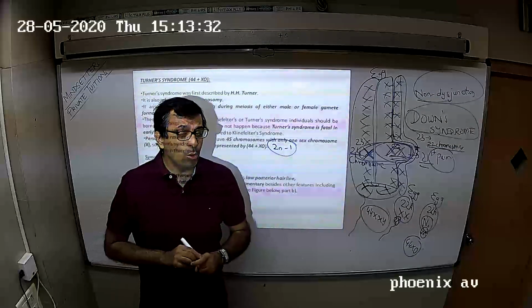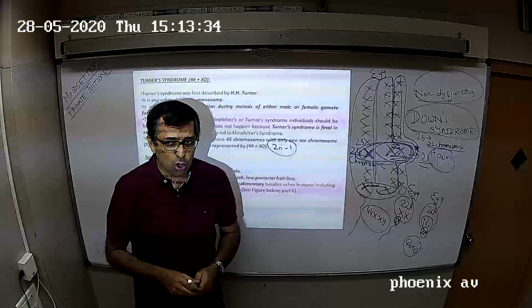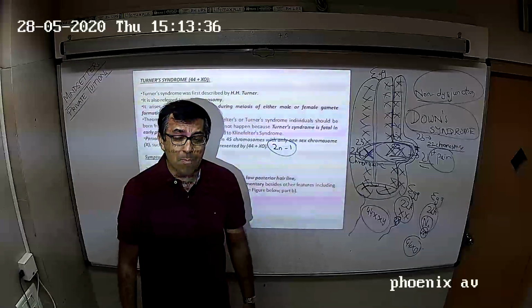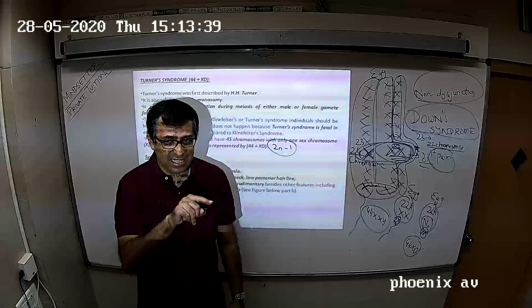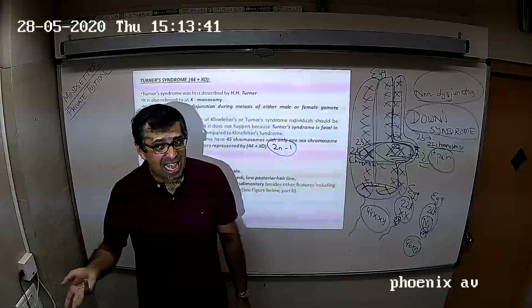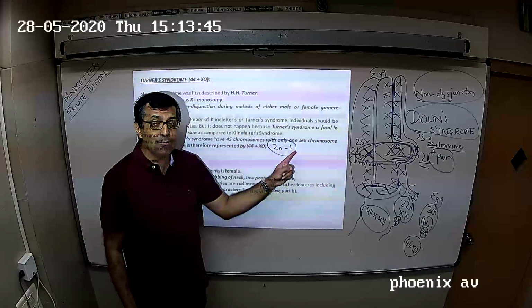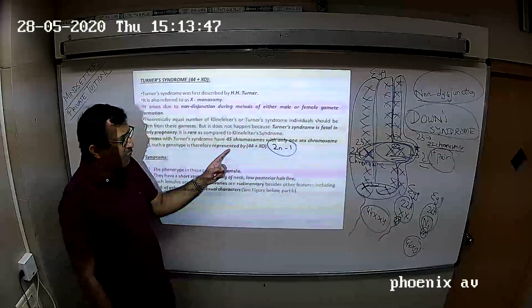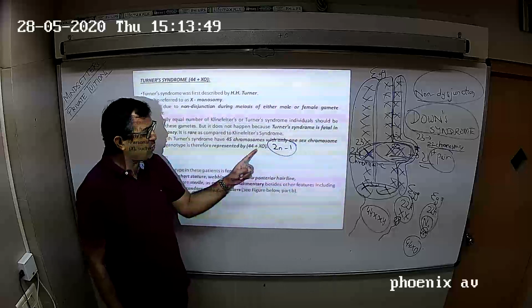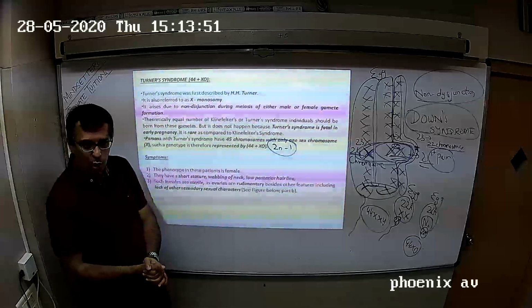If you remember, in Down syndrome there was an extra 21st chromosome, so we said that was 2n plus 1. This is not 47, not 46, this is one less, 45. So that is 2n, 46 minus 1. So this is a 45 chromosome disorder.